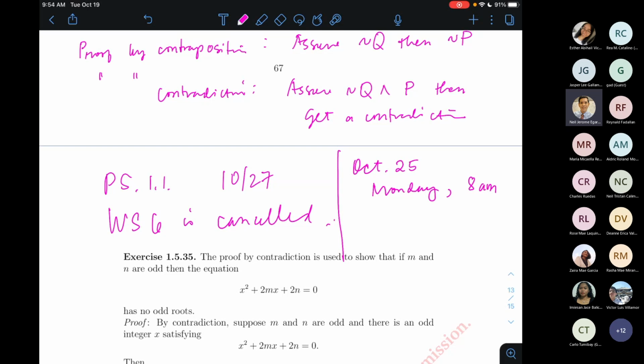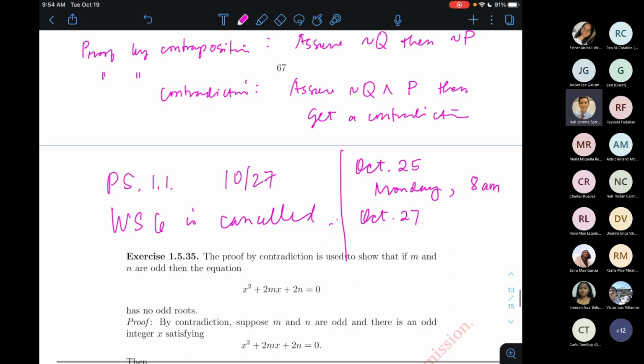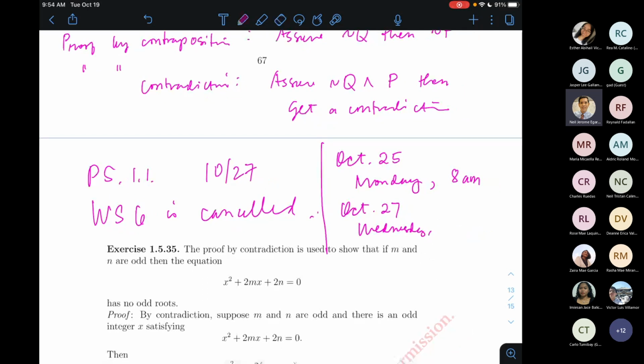So October 25 Monday 8 a.m. Then the deadline would be October 27. Okay. That's a Wednesday. Siguro 5 p.m. What do you think, guys? 5 p.m. or gusto nyo 12 midnight? Right before midnight. Right before midnight na lang to give you some more time.